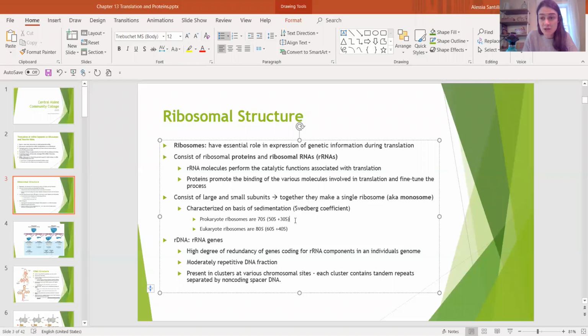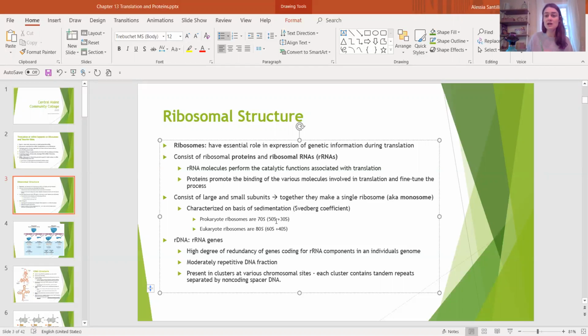But remember, this Svedberg coefficient is also considering the shape and the density of the actual molecule. So when the molecule is together, even though originally the large is 50S and the small is 30S, when you put them together they will sediment at 70S, just because you also have to consider that shape. The same can be said about the eukaryotic ribosome.